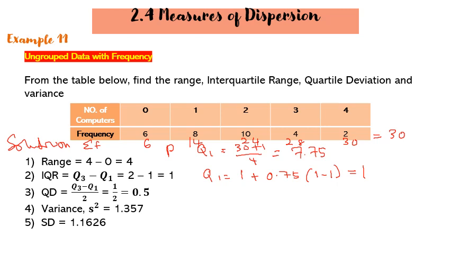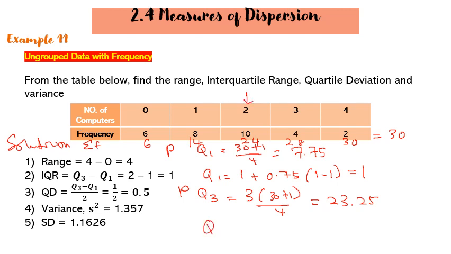So the position of Q3 is 3 times (30 plus 1) over 4, we get 23.25. So where is 23.25? It is in here.